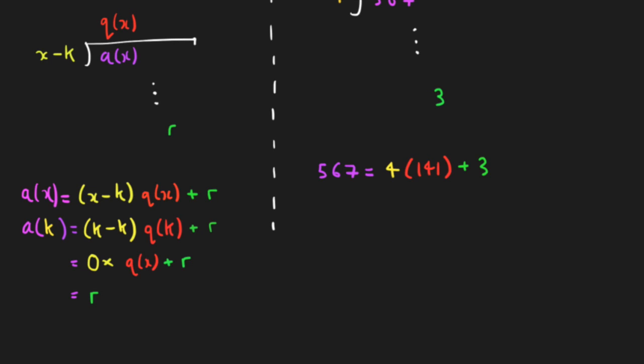In other words, a of k is equal to r, our remainder. And that is exactly what the remainder theorem stated. So we've proved that if you divide a of x by some linear function x minus k, the remainder is just going to be a of k. You just have to sub in k into a, which is the equation you started off with.